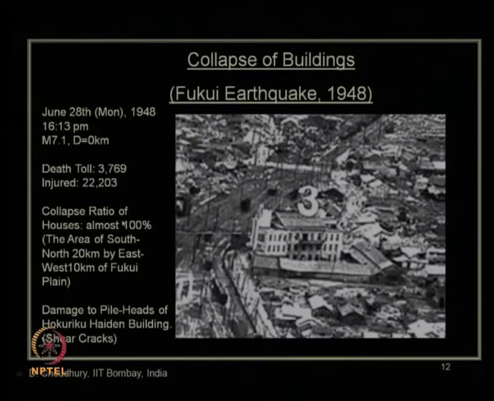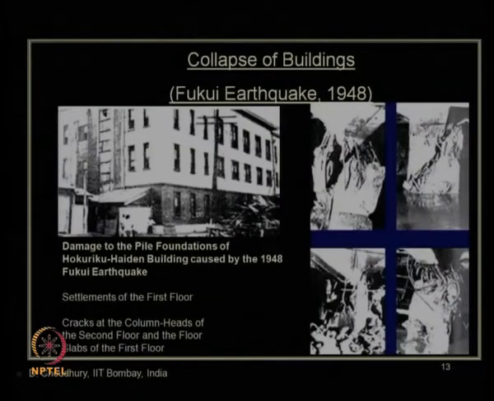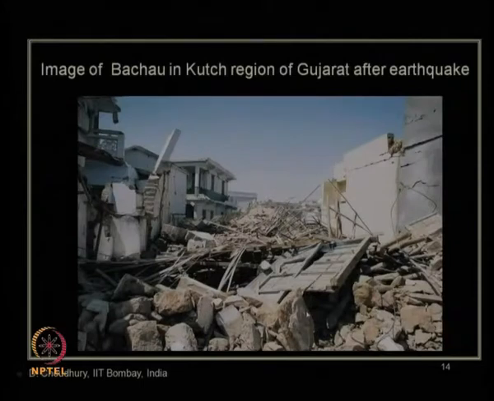Then we have seen the collapse of the houses, which was almost 100%, that is all houses collapsed in an area of 20 kilometer in the north south direction and 10 kilometer in the east west direction of the Fukui plain. Damage to the pile heads was also observed. That was the damage to the deep foundations, and this is the picture we discussed in the previous lecture about the damages of various pile foundations during this Fukui earthquake of 1948.